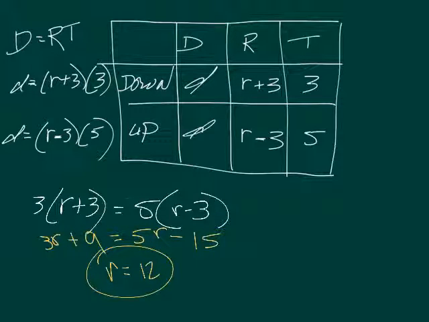And the key thing here was just making these distances equal, which means you could make this equal to this, giving you one variable, one equation, and real quick and easy, able to go ahead and find out how fast he was going in still water. So that is it. We're going to skip example 8, and that should give you enough information to go ahead and start on 5.1 homework.